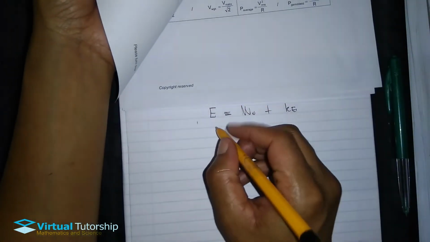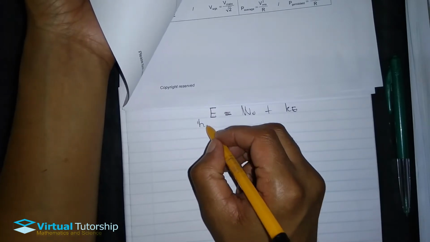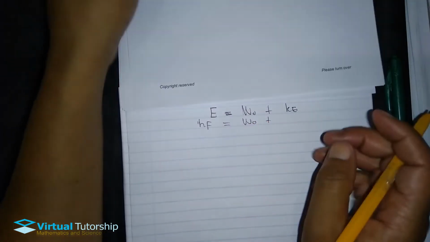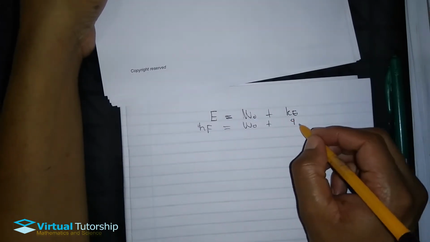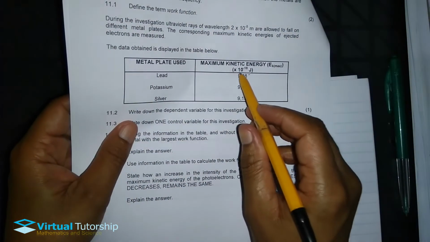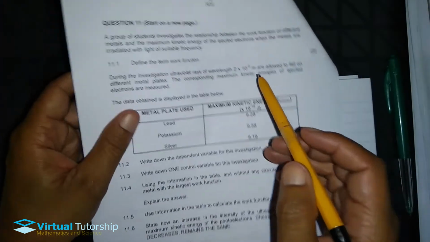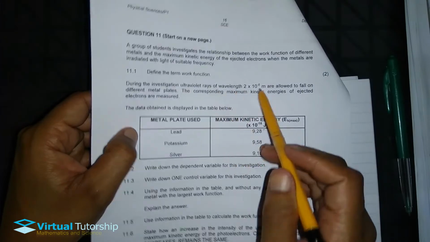hf equals W0 plus the kinetic energy. Now the kinetic energy for potassium is 9,58 times 10 to the exponent minus 18. This energy is coming from the ultraviolet light.